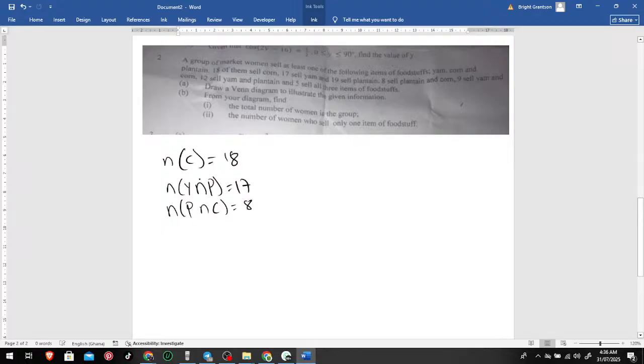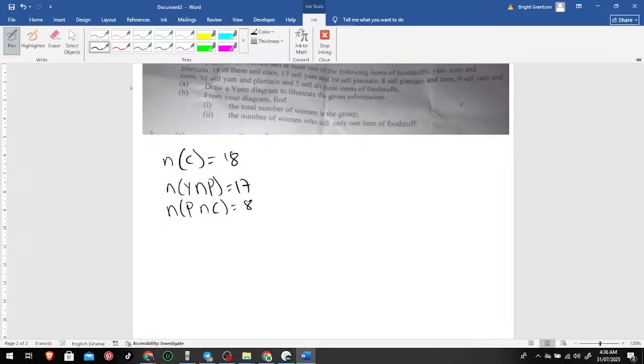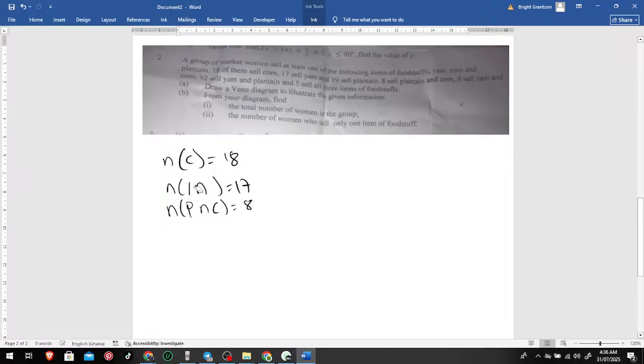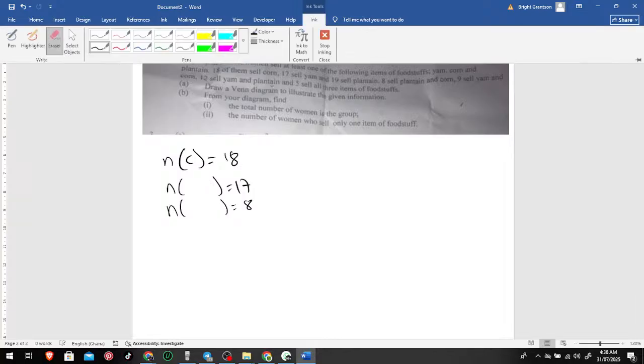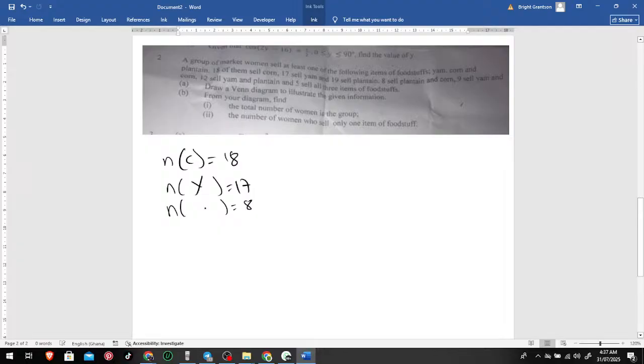Sir, please, it's 17 sell yam and 19 sell plantain. Okay, thank you. Let me clear it and start again. So 18 of them sell corn, 17 sell yam, and 19 sell plantain, right?